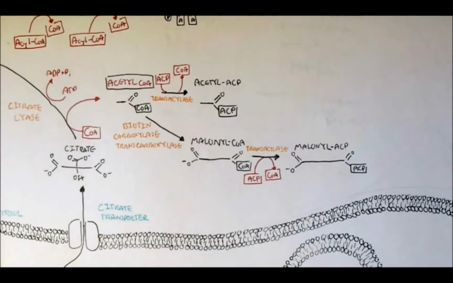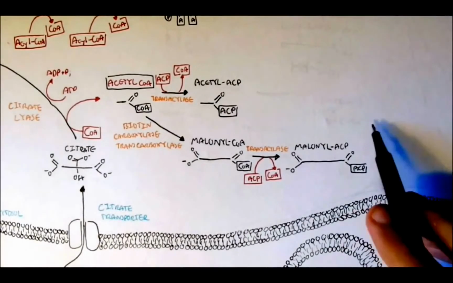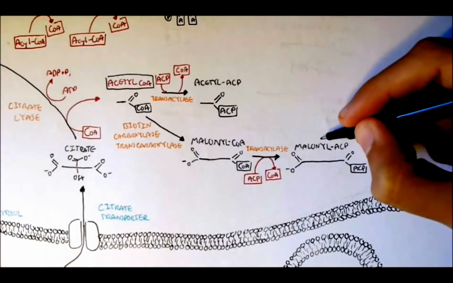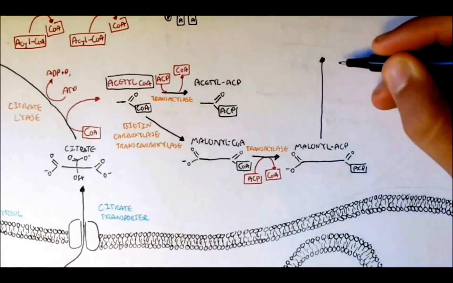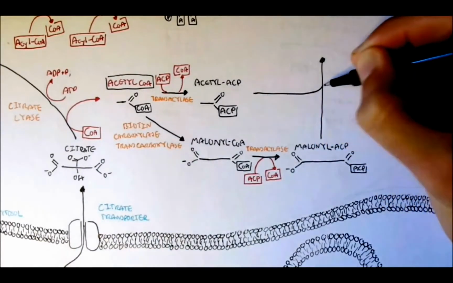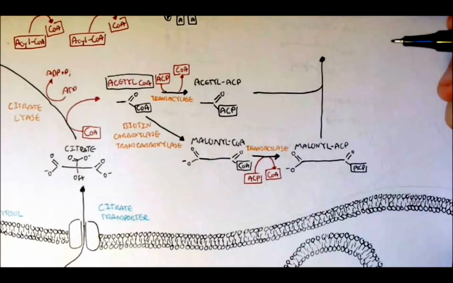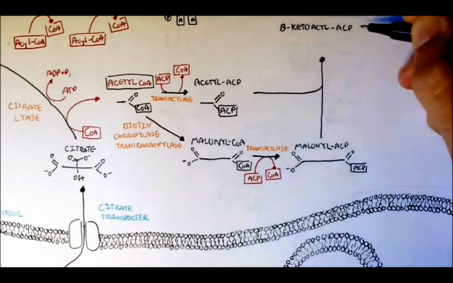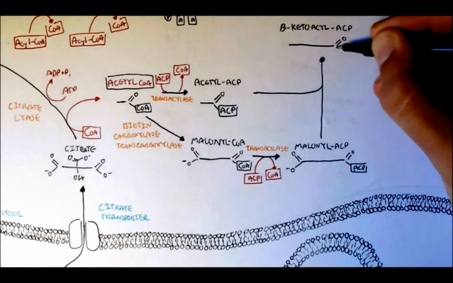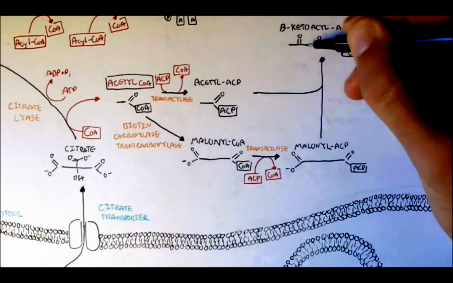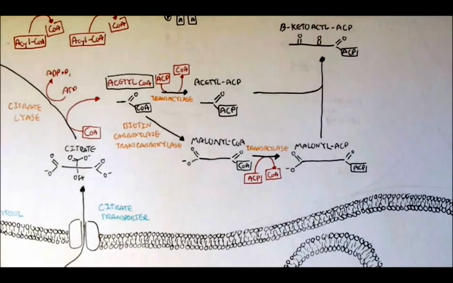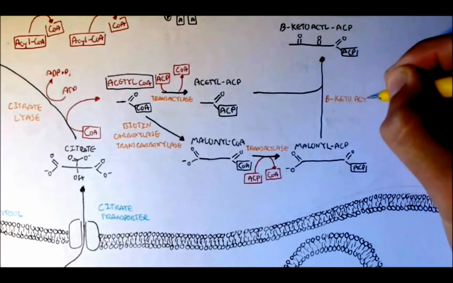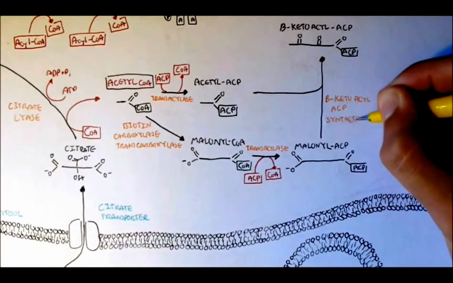Now, malonyl ACP and acetyl ACP will then combine together to form beta-ketoacyl ACP. And as we've mentioned, there's actually a lot of names for all these things, but I'm just going to keep the acyl ACP in it. This is by the enzyme beta-ketoacyl synthetase.